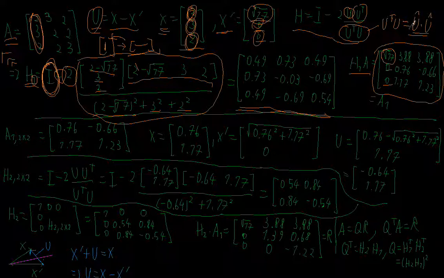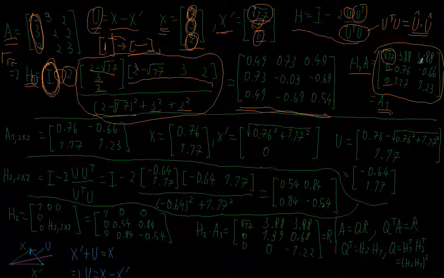The other results, just for information, are 3.88, 3.88, 0.76, negative 0.66, 1.17, and 1.23, okay? So this is our result. Let's call it A sub 1.